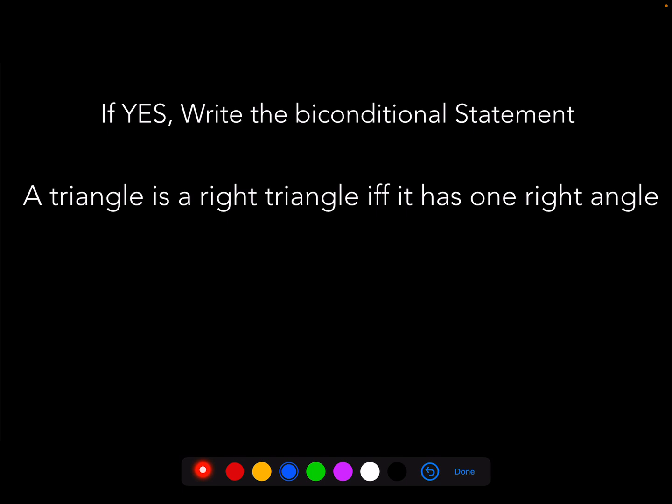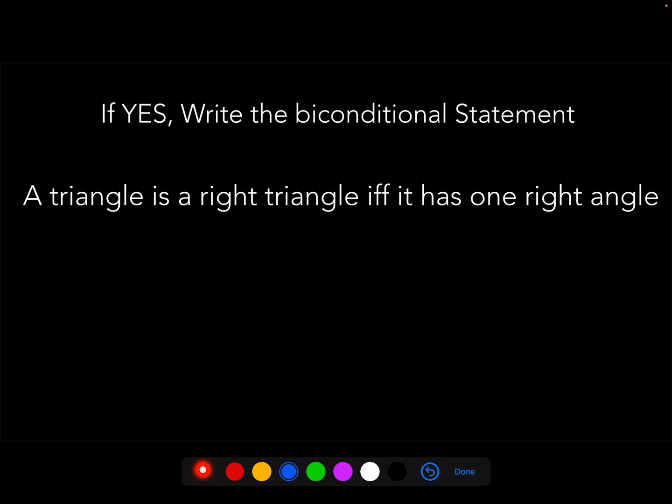That one was P if and only if Q. So you take your conditional statement, make it sound good, and put if and only if in the middle of it.